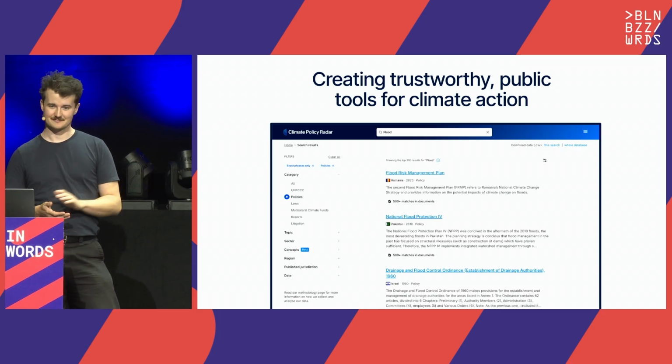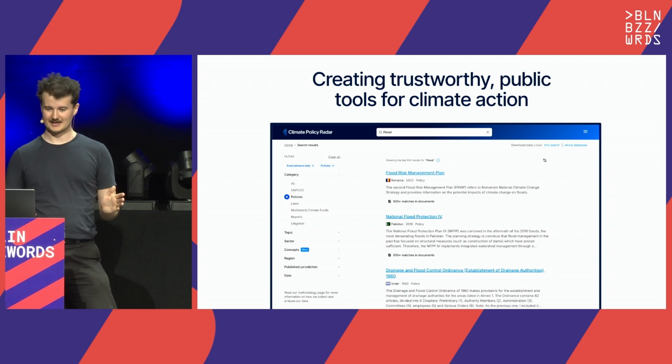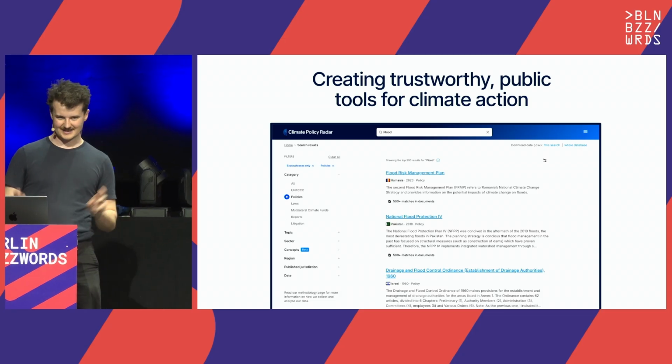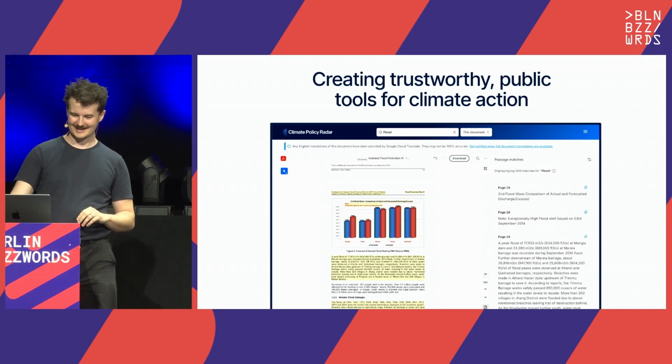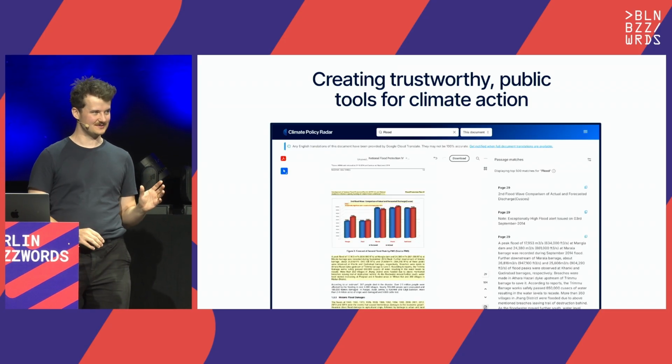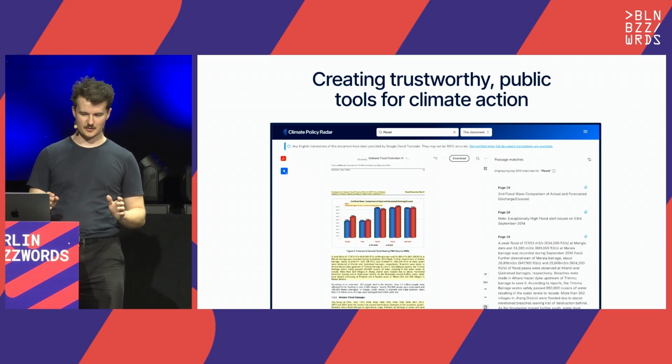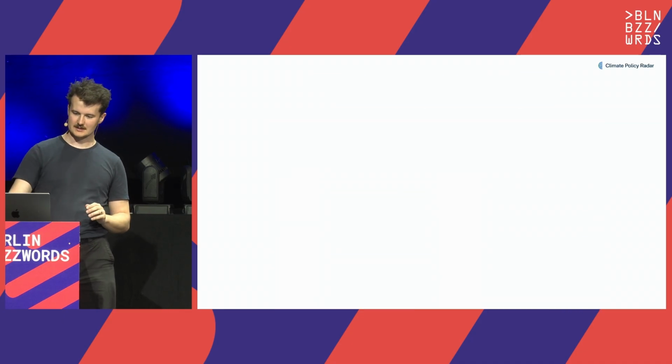We're a search engine. You can come to our web app and type in the word flood, and we'll give you search results about floods, in theory. If you click on one of those results, we'll take you deep inside that document and show you where exactly those terms were mentioned. And this works.